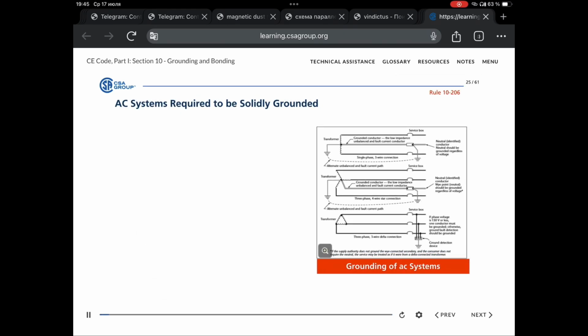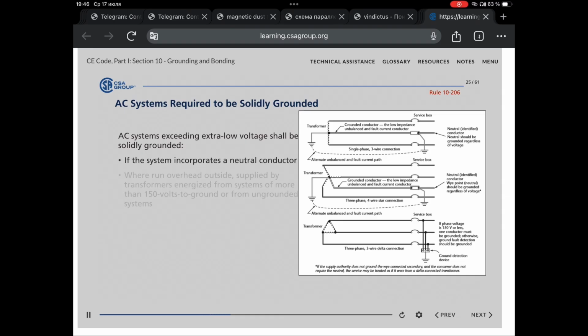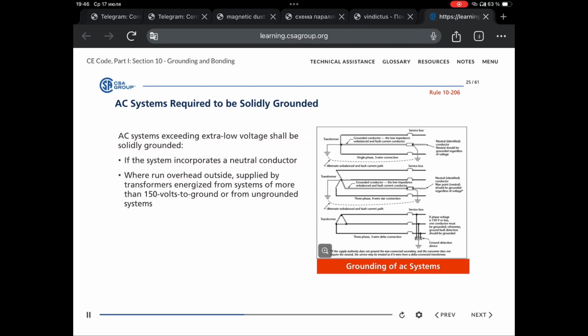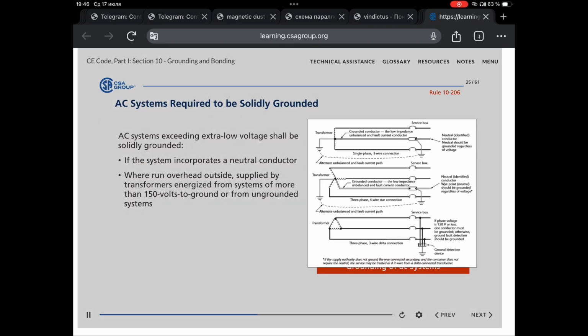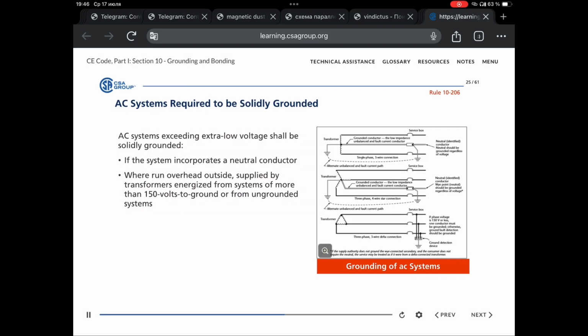Because many components of AC systems are suitable only for voltages up to 150 volts, voltage levels on such systems must not exceed this limit. AC systems exceeding extra low voltage must be solidly grounded if the system incorporates a neutral conductor and it were run overhead outside, supplied by transformers energized from systems of more than 150 volts to ground, or supplied by transformers energized from ungrounded systems.